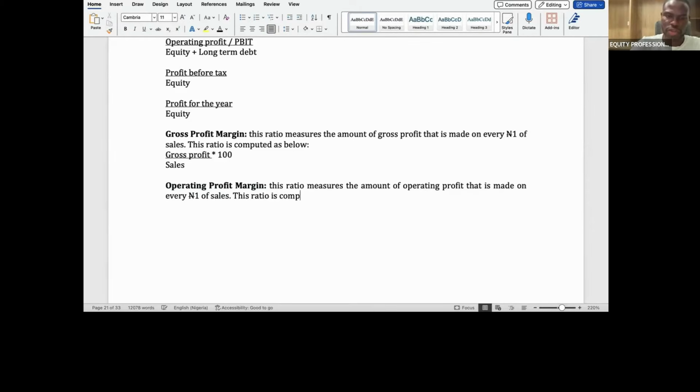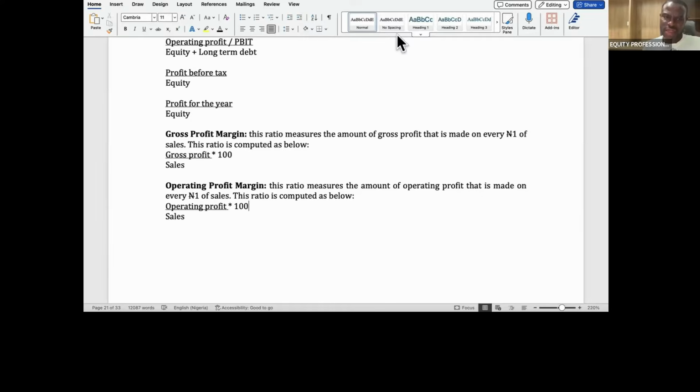So this ratio is computed as below: your operating profits over your sales, and of course, you multiply by 100 over 1. So again, we believe that the examiner just assumes that you're an expert in doing this formula now because they have tested it at skills level. So they want you to give a good impression with your analysis.